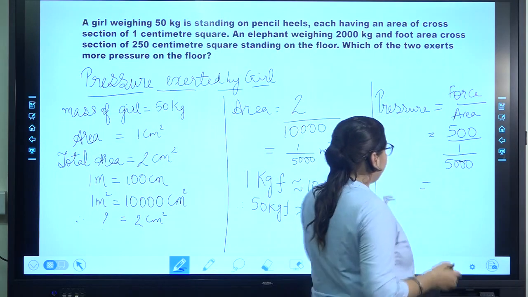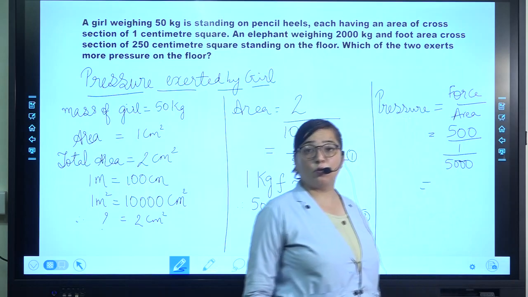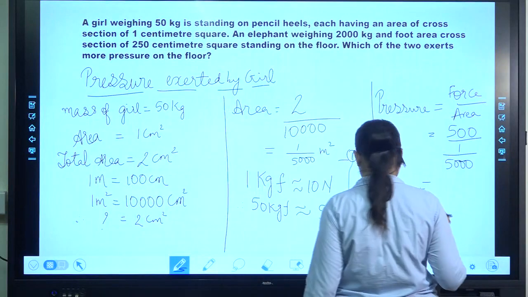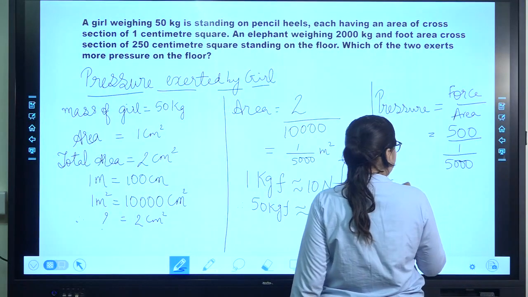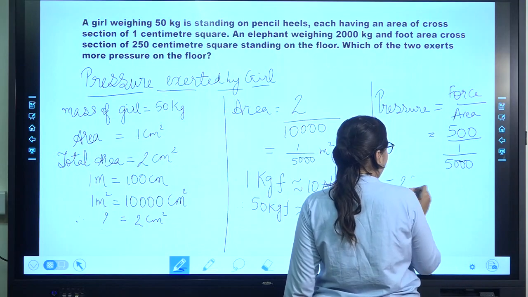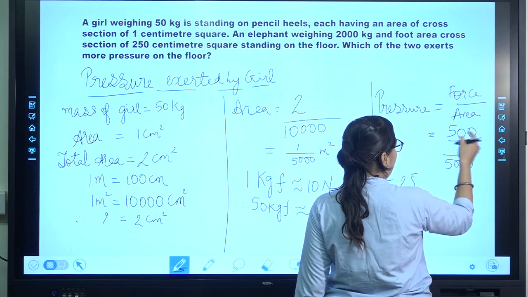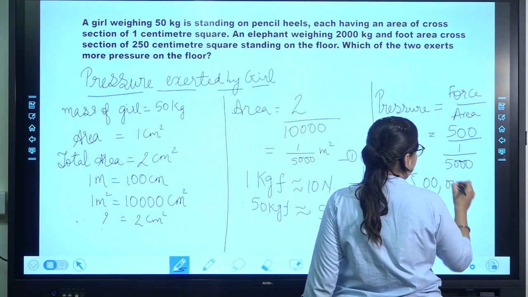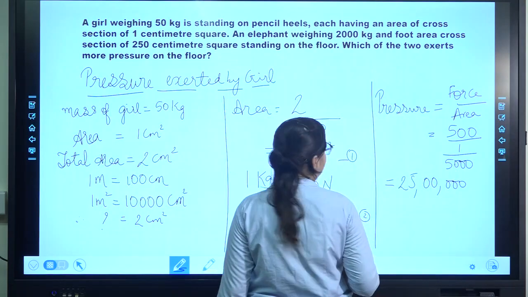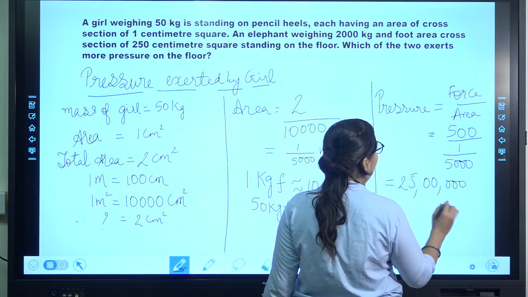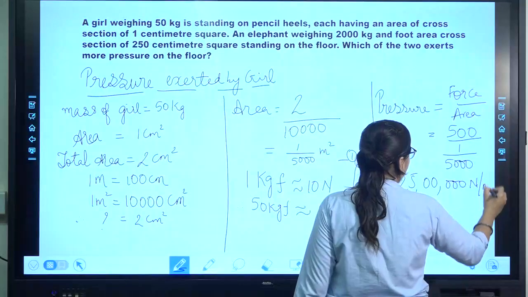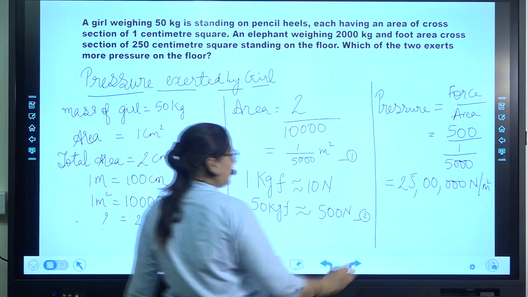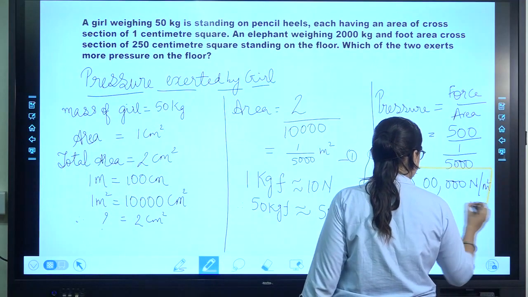Here the denominator will come into the numerator. So what we are having is 500 into 5000, which is 25 lakh. So pressure exerted by the girl is 25 lakh Newton per meter square. That is the pressure which is exerted by the girl.